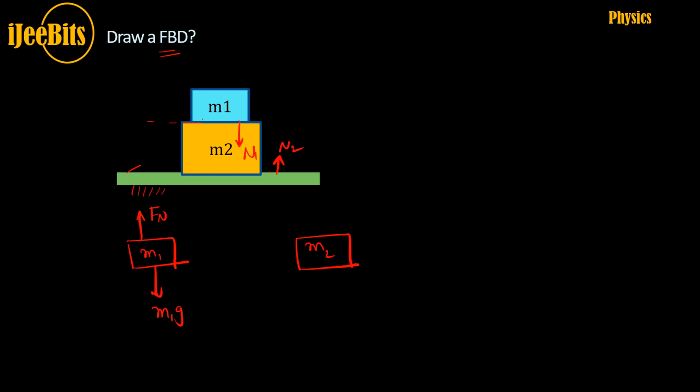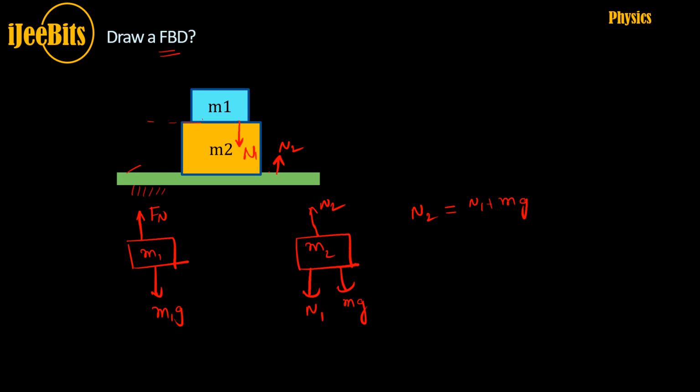So your n1 is in the downward direction, your n2 is in the upward direction, and you always have mg down. So n2 equals n1 plus m2g. Summing of all upward forces equals summing of all downward forces. That is how I represent it.